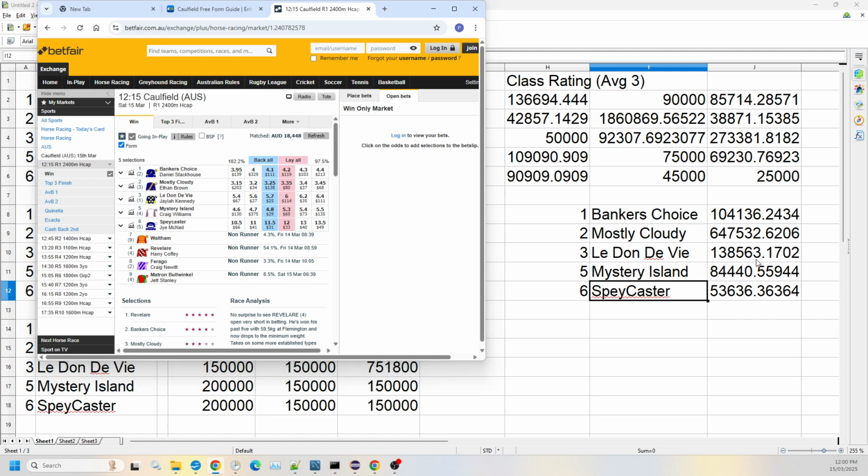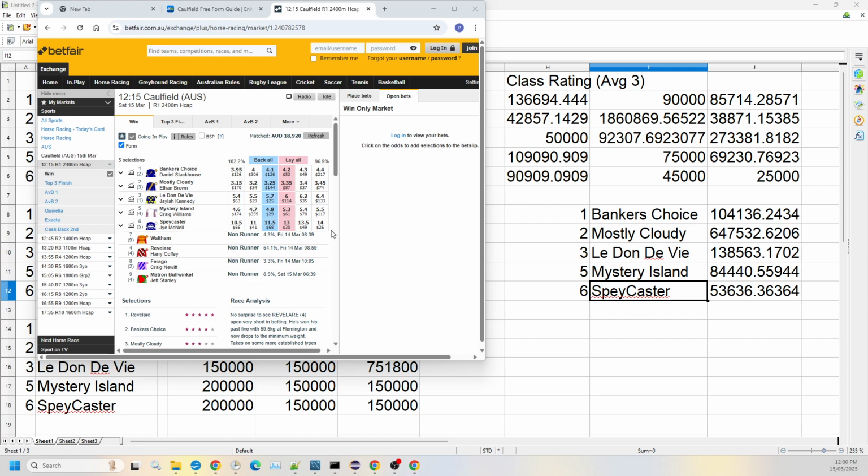Now, we had second choice as Lidon Devi. It's at 570, so it is not second in the market, which means there may be a little bit of value there. So based on the class ratings we have, we had this as the second best chance, and number one was our third best chance, followed by 5 and 6. So 6 obviously has come out as the worst here.